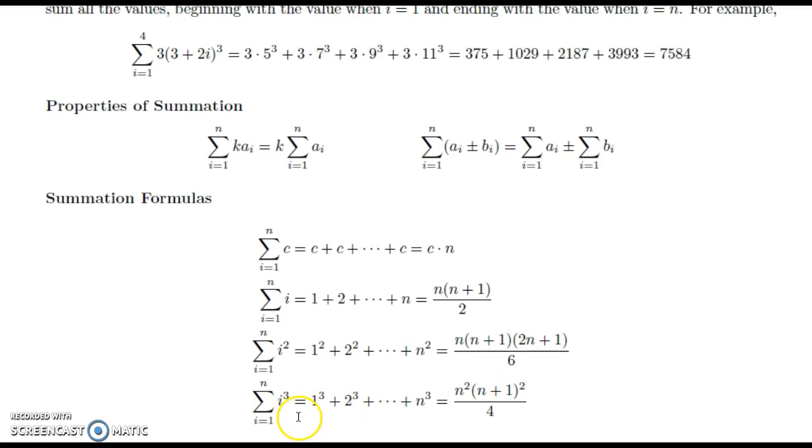And we have a summation formula up to i to the third power. If you're summing up 1 cubed plus 2 cubed all the way to n cubed, the formula says the sum is n squared times (n plus 1) squared all over 4.